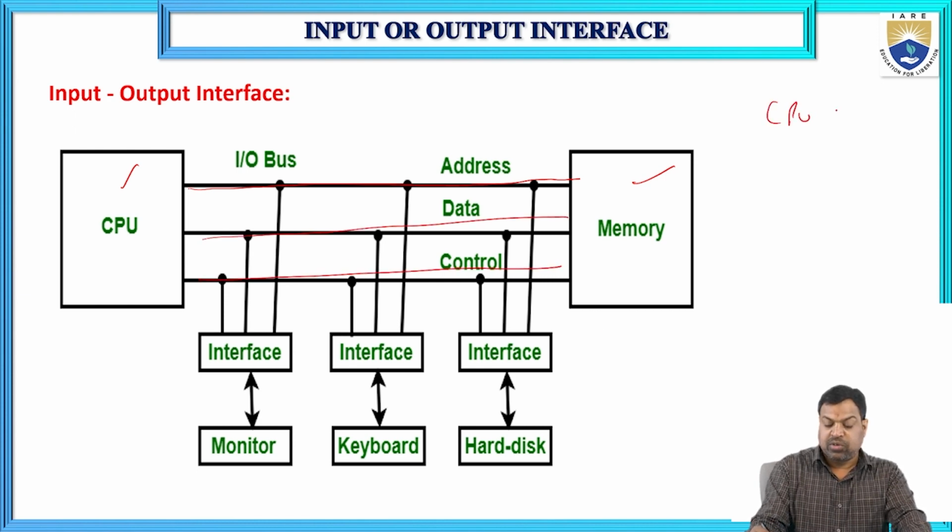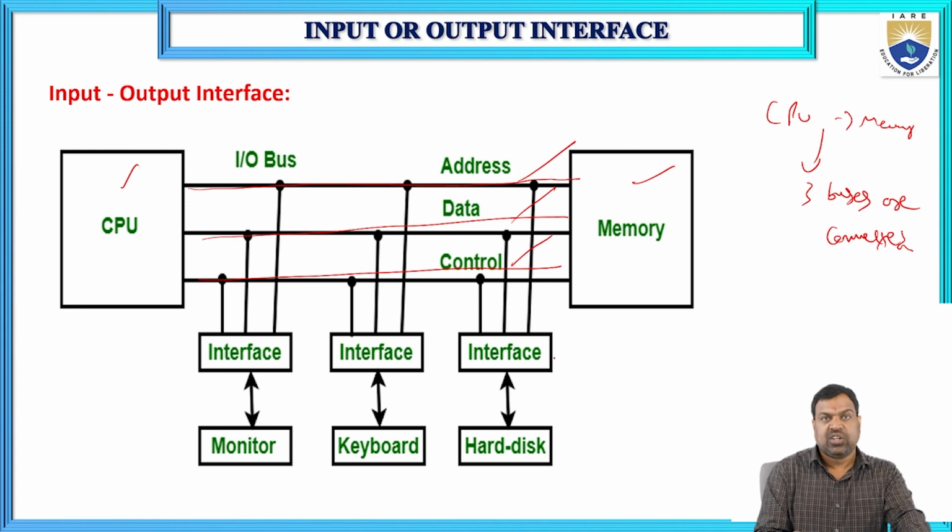So between the CPU and memory, three buses are connected: the address bus, data bus and control bus. Between this line are address, data and control.